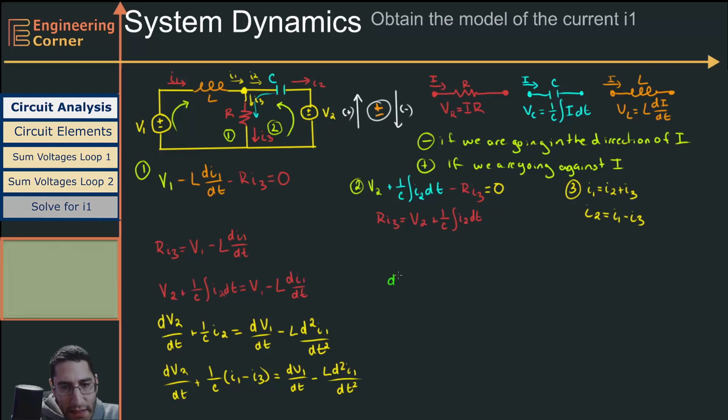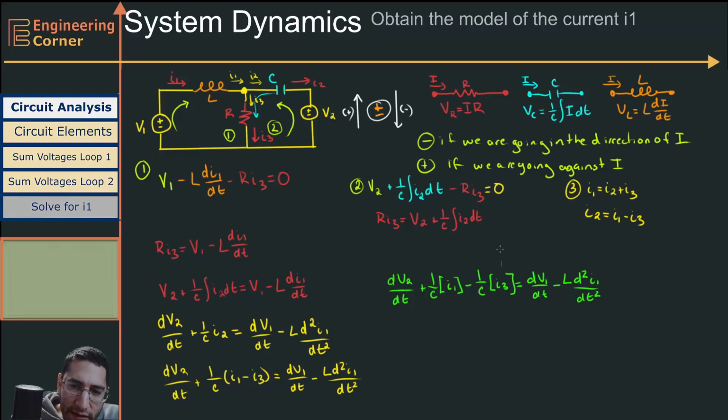So I'm going to have dv2 over dt plus 1 over C times I1 minus 1 over C times I3 is equal to dv1 over dt minus L d2 I1 over dt squared.